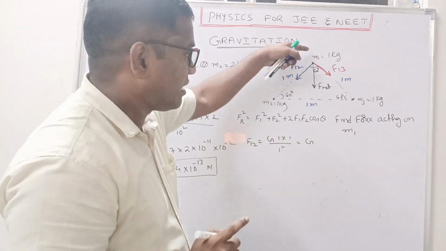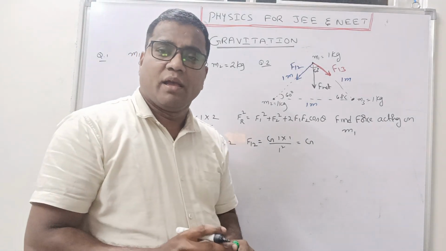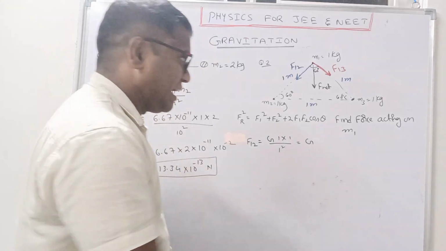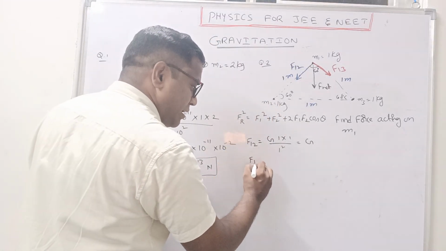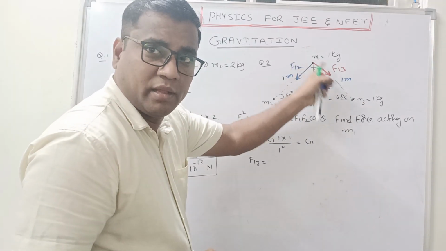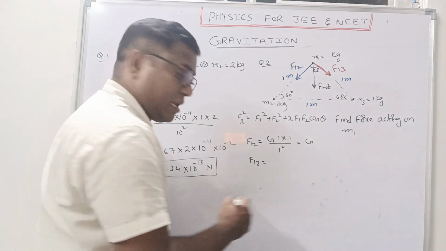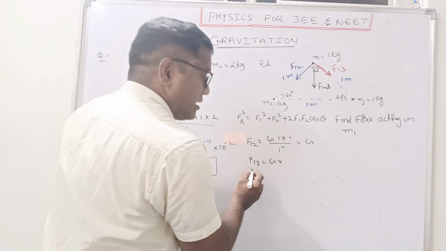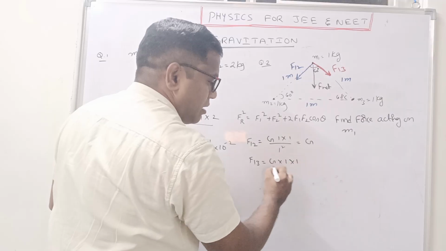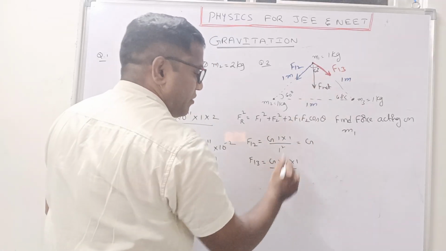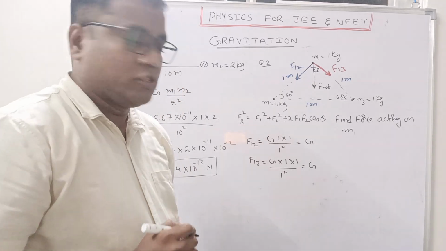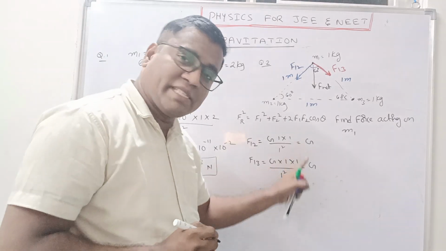That's why I wrote 1, 1, 1, in order to make the questions easy. So F12 is G. Similarly, you calculate F13, the force between these two. G, M1 is 1, M3 is also 1, upon distance 1 square. So again you get the value G. So now these two forces remain the same.